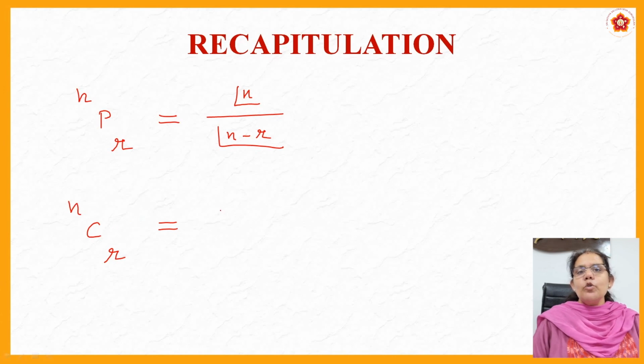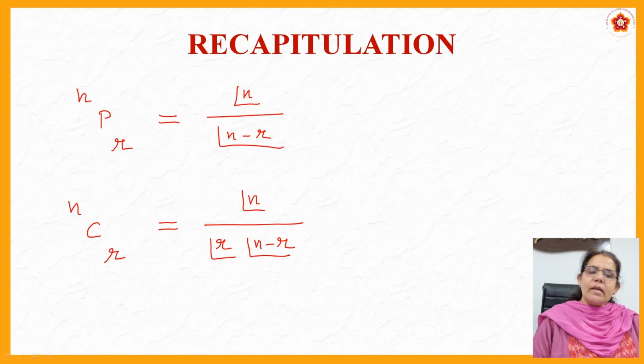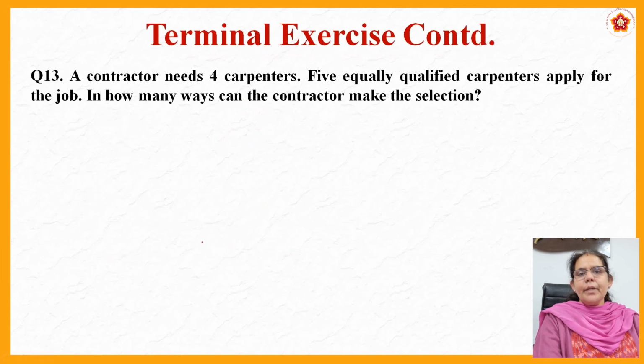That means out of a total of n objects, we are choosing r objects at a time. Then our formula becomes factorial n divided by factorial r, and in the denominator itself we will be taking n minus r. So in the last part, we restricted ourselves to these two formulae. Let us continue with the questions given in the exercise.